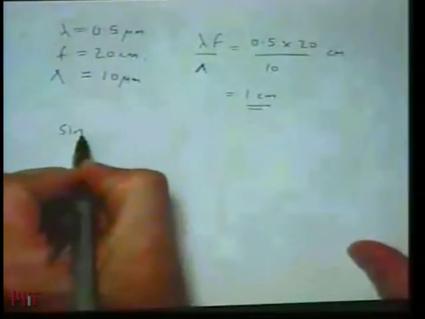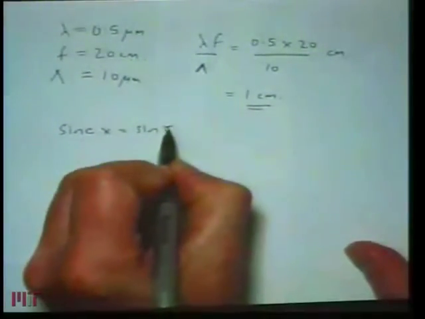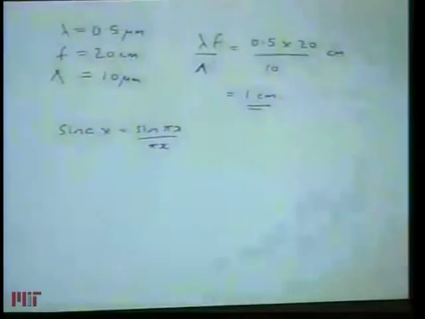That's the way that people usually define it. Sinc of x equals sine of pi x over pi x. It's defined in that way because then lots of nasty pi's cancel out in everything else.